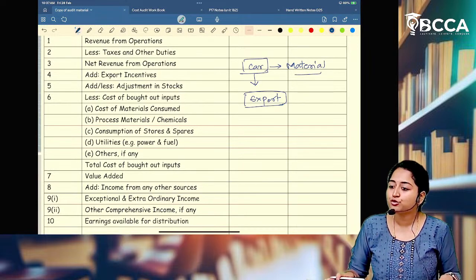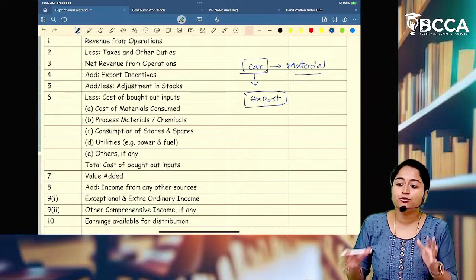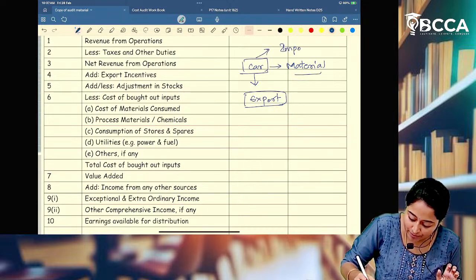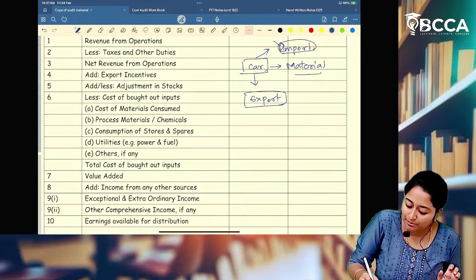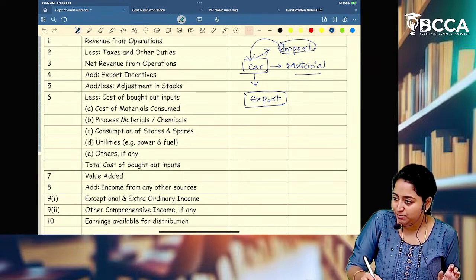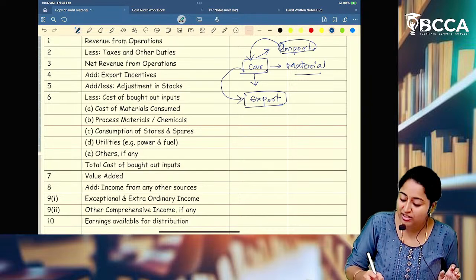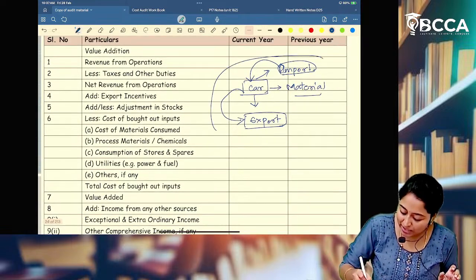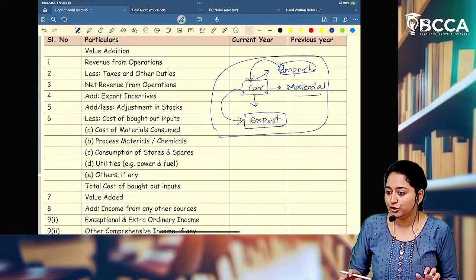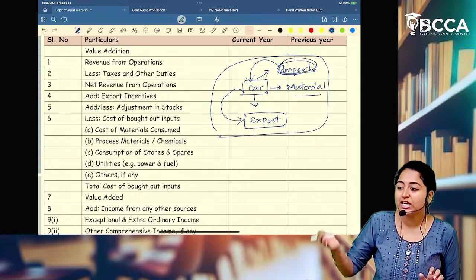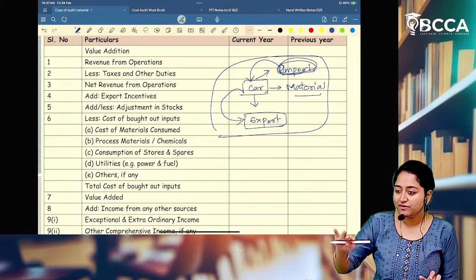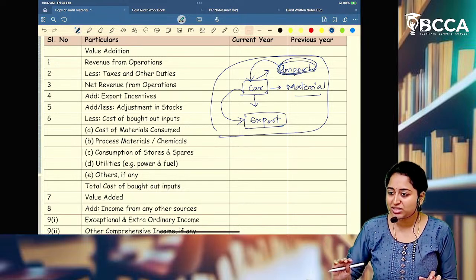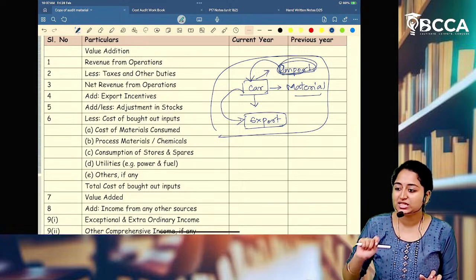So I have to import that material to manufacture the car first. The imported material used in this car manufacturing, after completion of the car, will be exported to the outside. In this case also, some kind of incentive will be given by the government. If they are bringing imports, some kind of subsidy will be given, because the import is being done only to export it to the outside world. So in this case also, there is some incentive given.